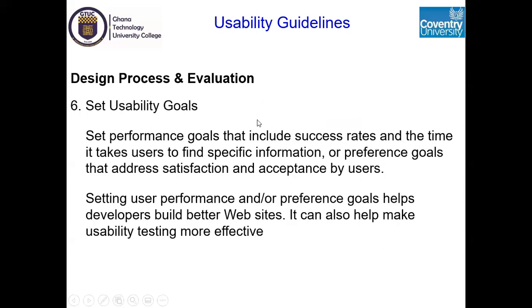Then we have set usability goals. I already mentioned this briefly, in the sense of a performance goal. That is, you set a goal, not the goal of the site, but let's say the rate at which you want something to be done on your site.